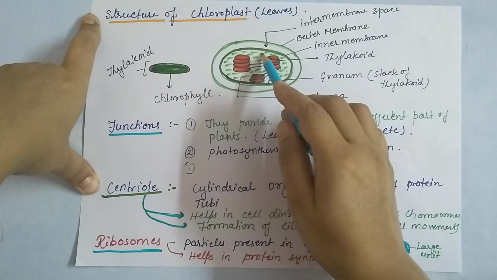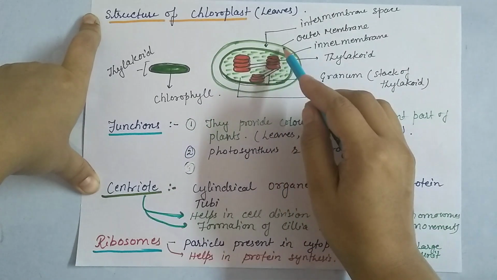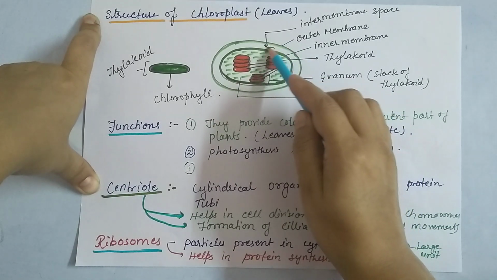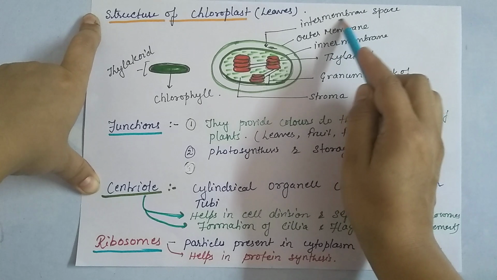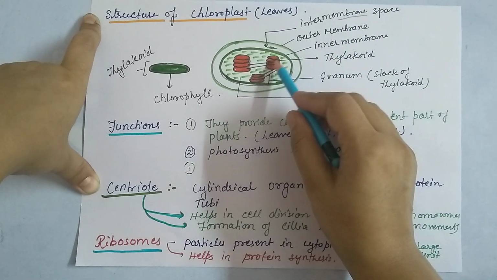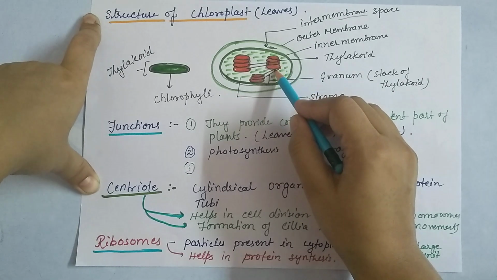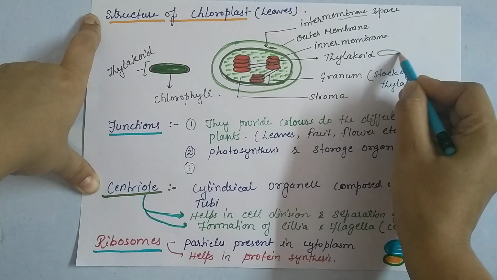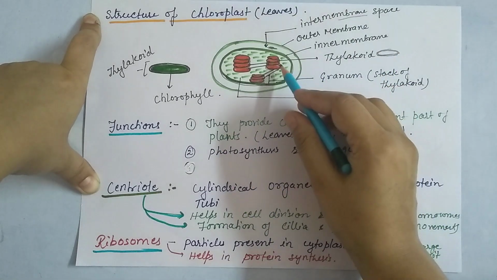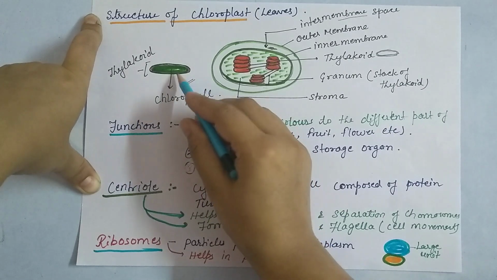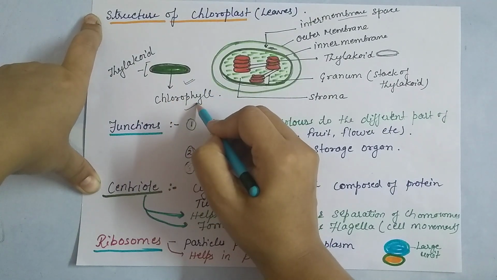So chloroplast is also double membrane, that is the outer membrane, the inner membrane, and there is a space present in between, called the intermembrane space. And these small coin-like structures, one coin is known as a thylakoid, and these thylakoids contain chlorophyll.